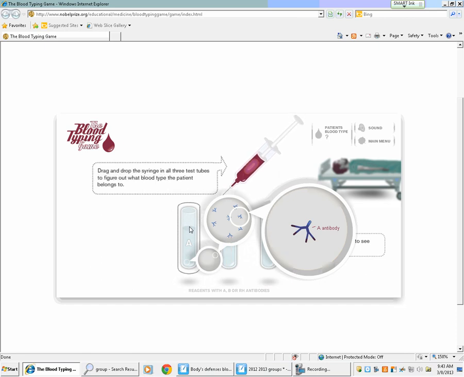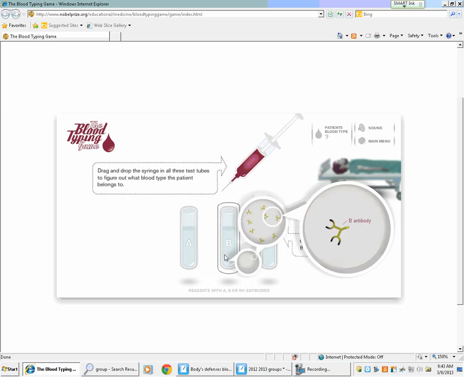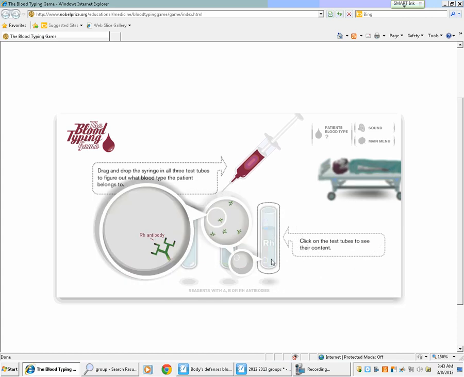Okay. B, test tube B. B antibodies. No talking. Your turn. RH antibodies.